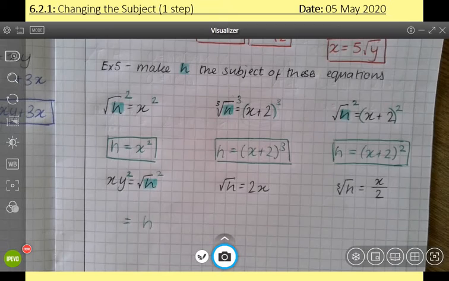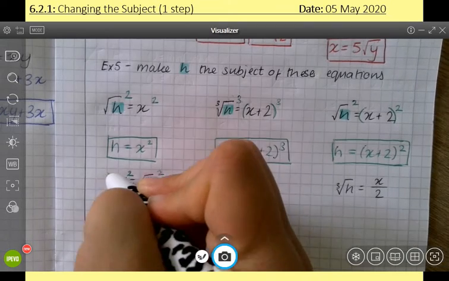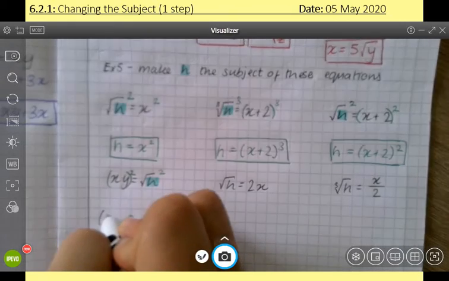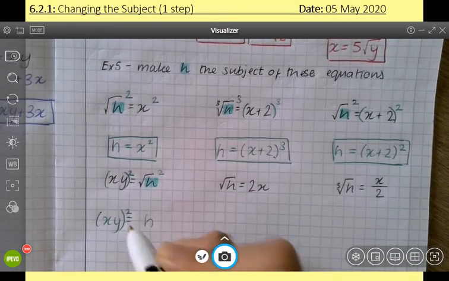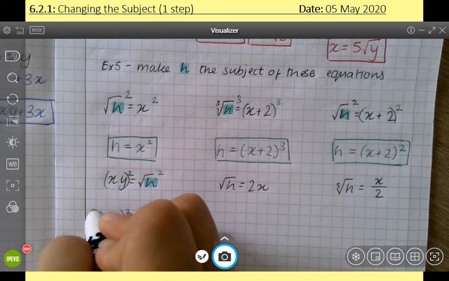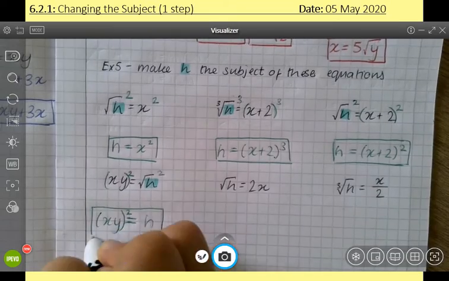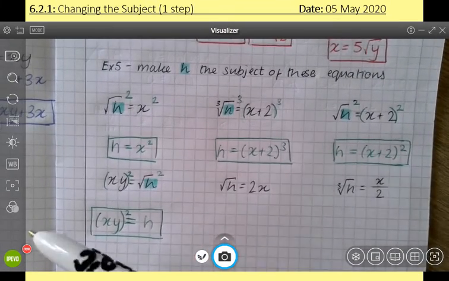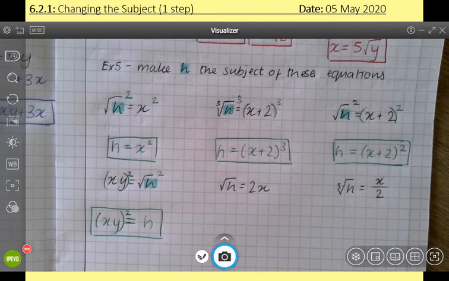I need to square everything, and I show that with brackets. I need to square everything on that side. So I'm going to have xy all squared equals h. You have to be really careful that what you're doing to both sides, you do to everything.